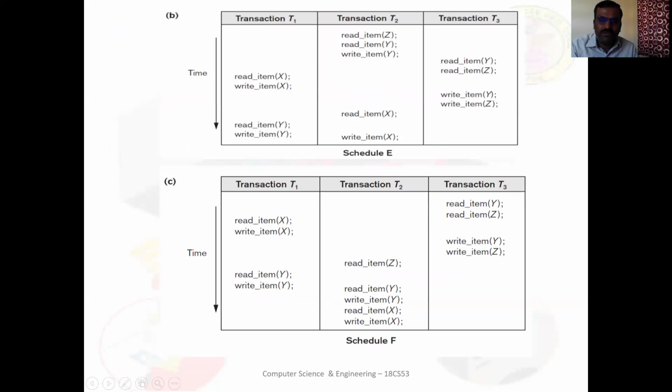Next, schedule F. Here there are three transactions T1, T2, T3.